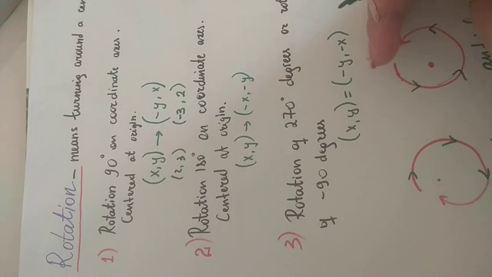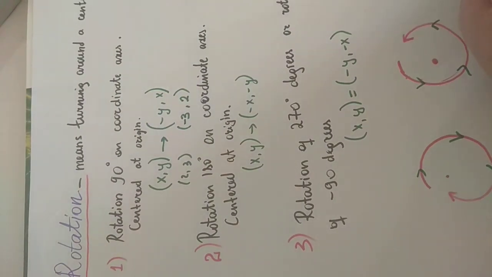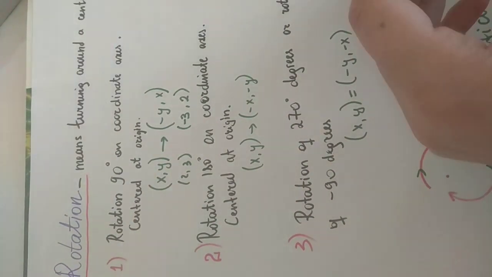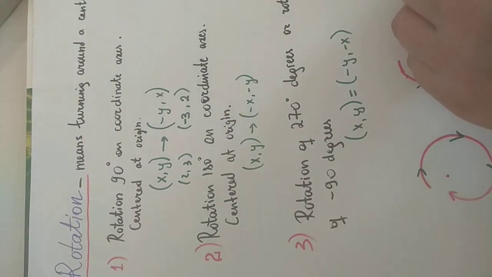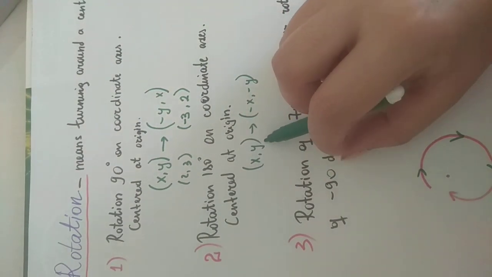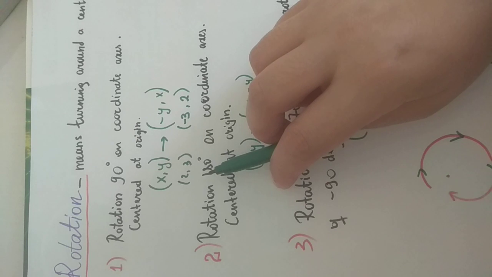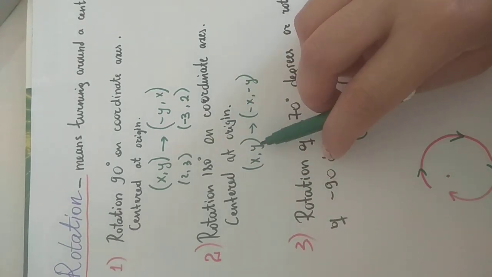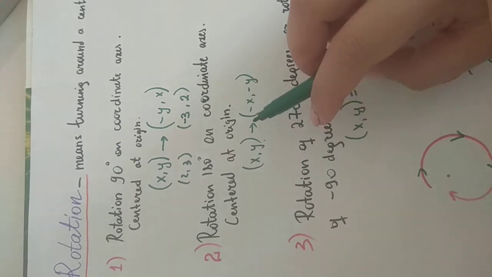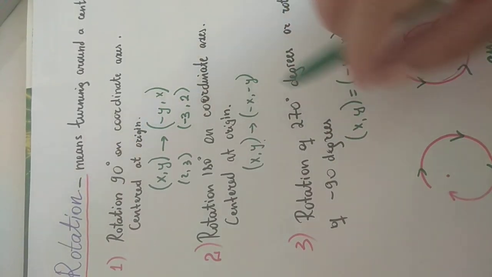Like that. But for rotation by 180 degrees on a coordinate axis, again, I'll just use the origin as an example, okay? If the center is the origin, and I take one point (x, y), after rotating 180, it should stay in the same place, but the sign should be changed.